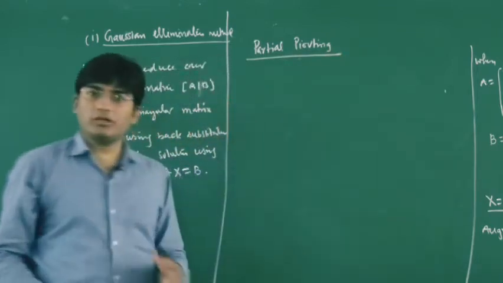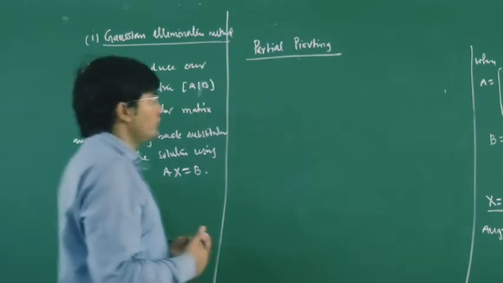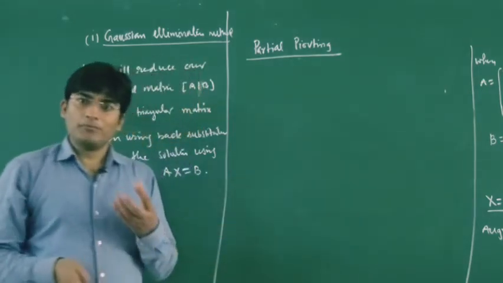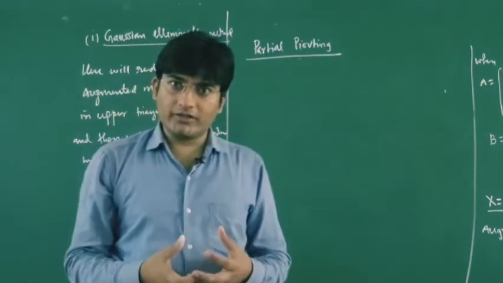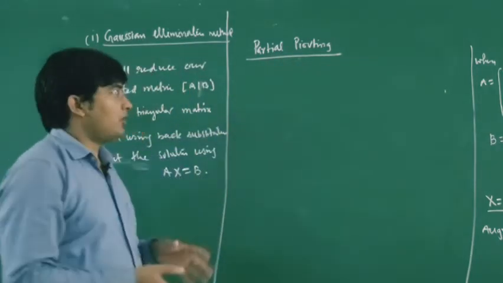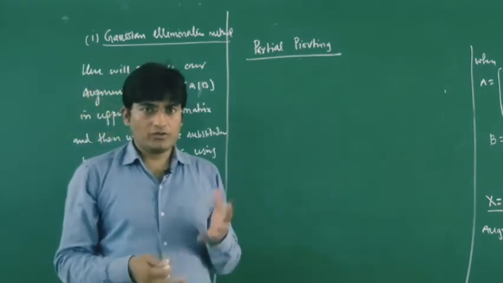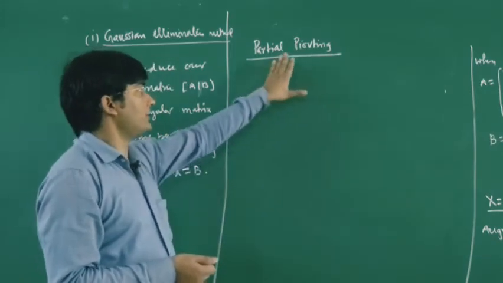Now what is the need of this pivoting? In order to improve the numerical stability of an algorithm, we use this partial or complete pivoting. The partial pivoting reduces the round-off error. So that is why we are using the partial pivoting.